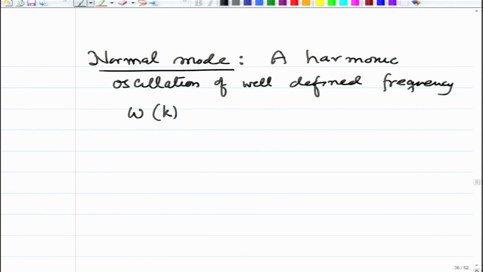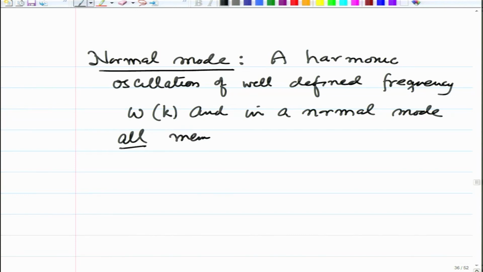So, it is a well defined frequency omega k, and in a normal mode all members of the system participate.